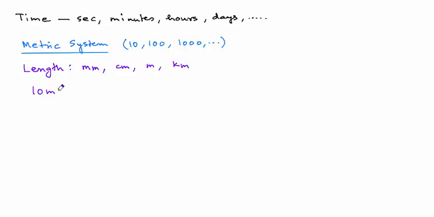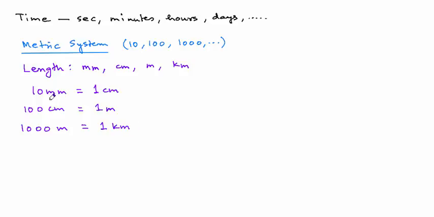10 millimeters add up to give you 1 centimeter. 100 centimeters will add up to give you 1 meter, and 1000 meters add up to give you 1 kilometer.